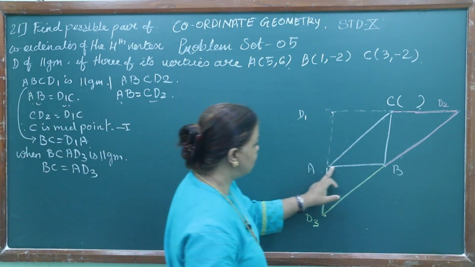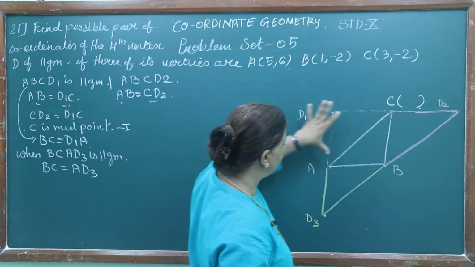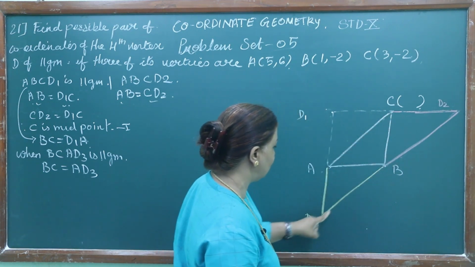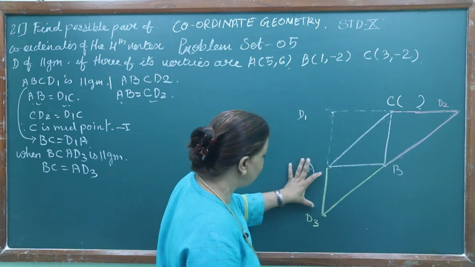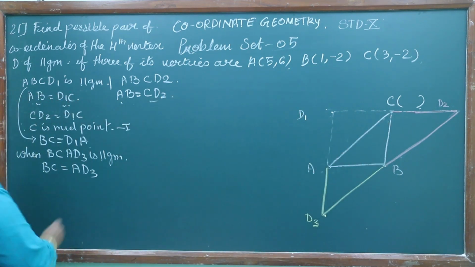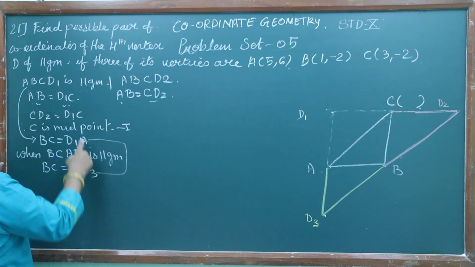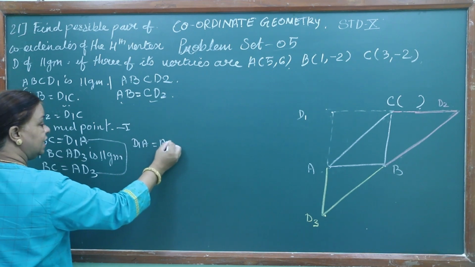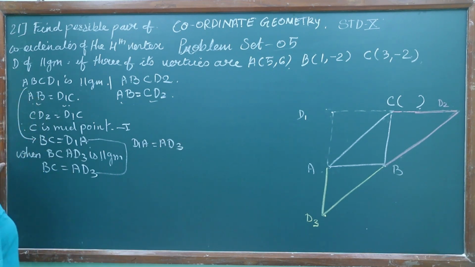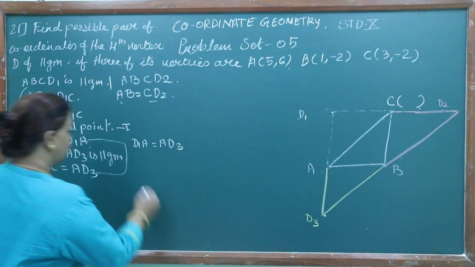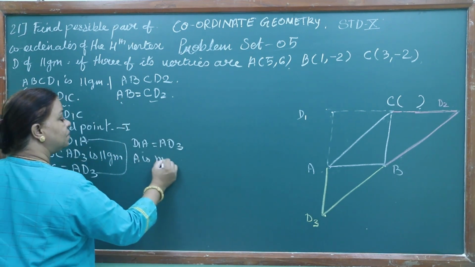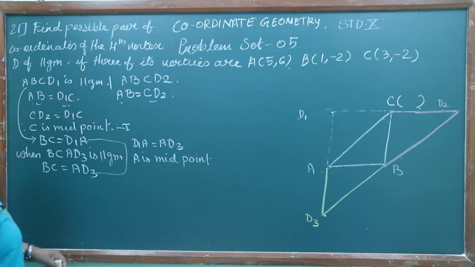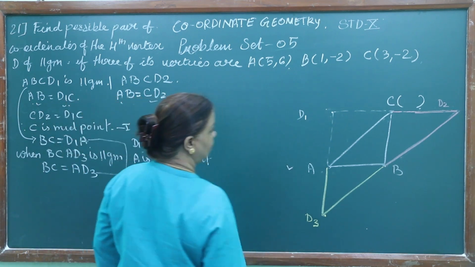See, when this is your parallelogram, BC is equal to D1A. When this one is your parallelogram, BC is equal to AD3. So we can say these two are equal to one another. Therefore, D1A is equal to AD3. And if D1A is equal to AD3, A is midpoint. So children, we proved A is midpoint.